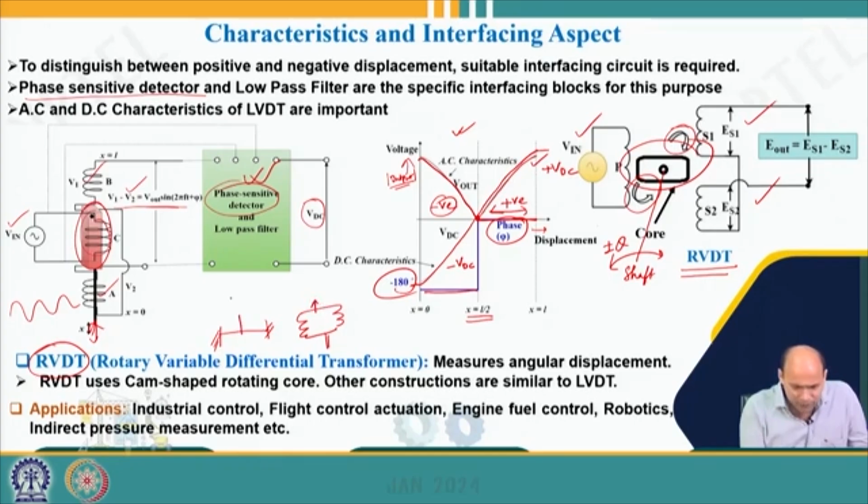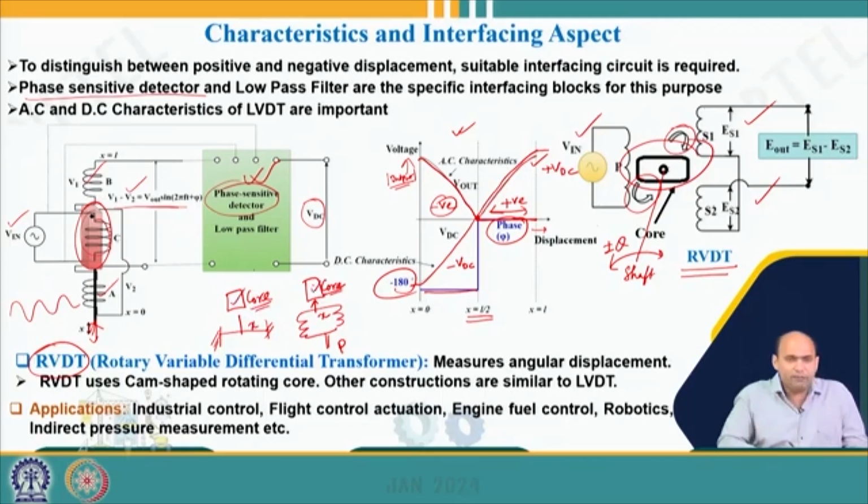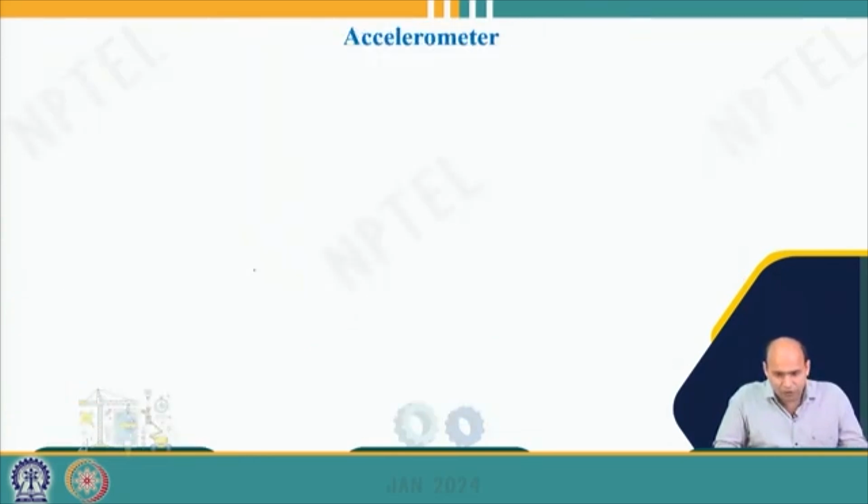I can connect this diaphragm or bellow to the core of the LVDT, and due to pressure its displacement will change, and that displacement will be converted into voltage using the LVDT. In that way the LVDT can be used as the secondary sensing element for pressure measurement as well, right? So this is about our LVDT, RVDT and the potentiometer.